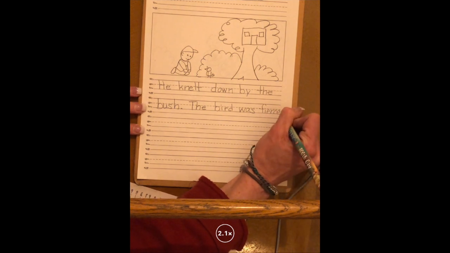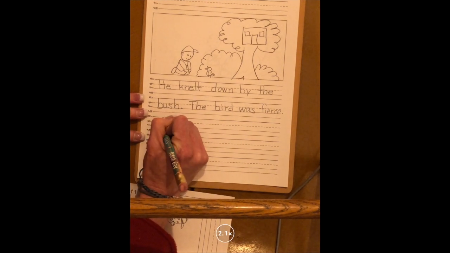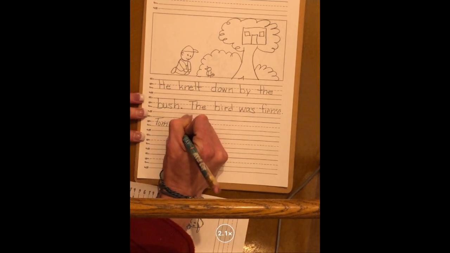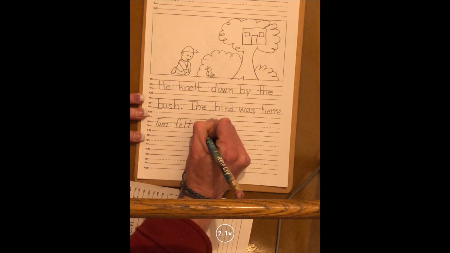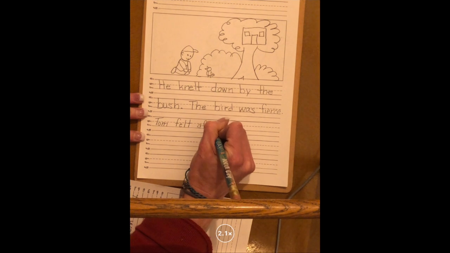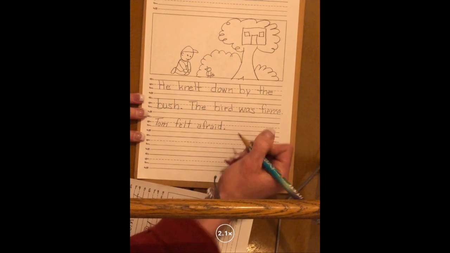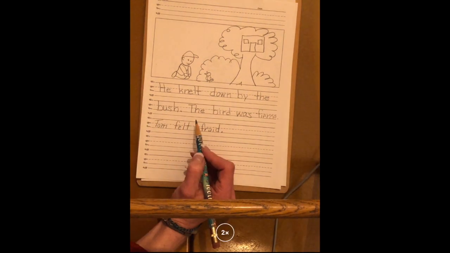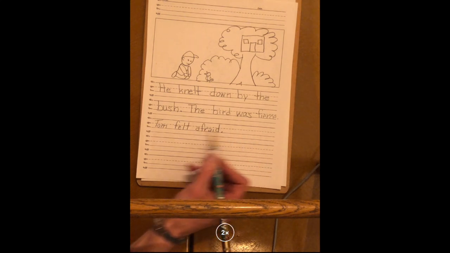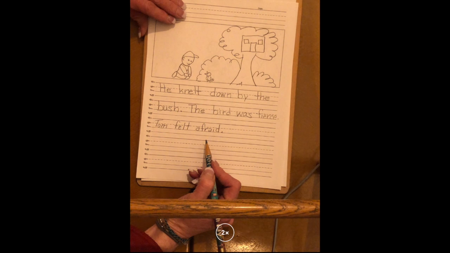Tom felt afraid. Okay? So he knelt down by the bush. The bird was fierce. Tom felt afraid. Okay, so let's go to the next page.